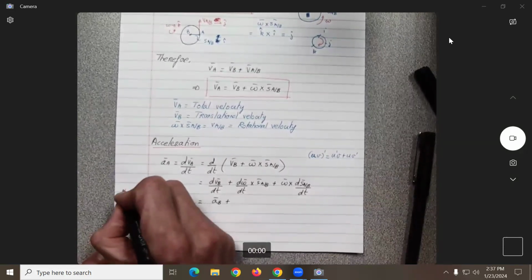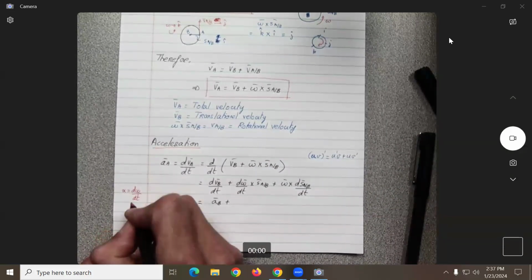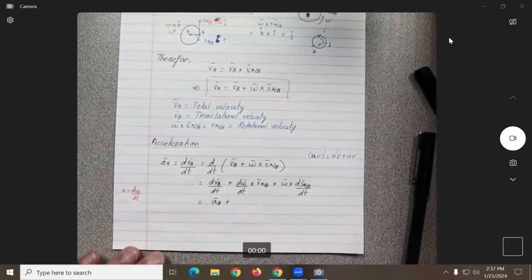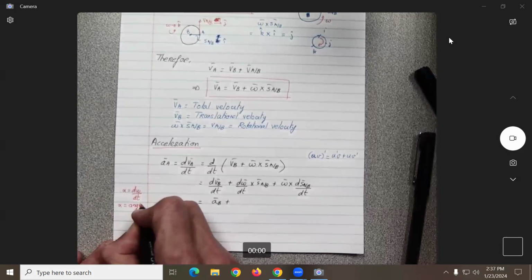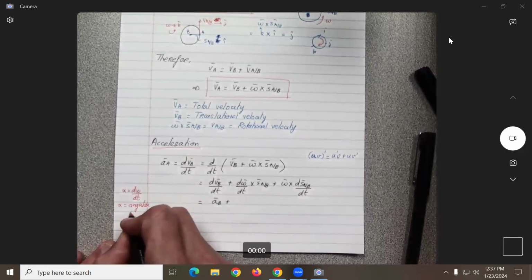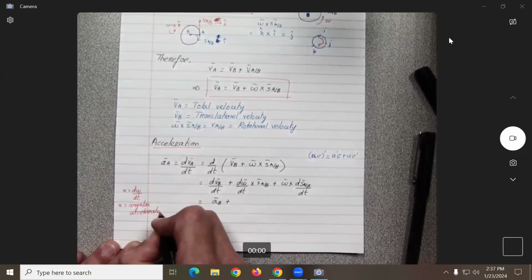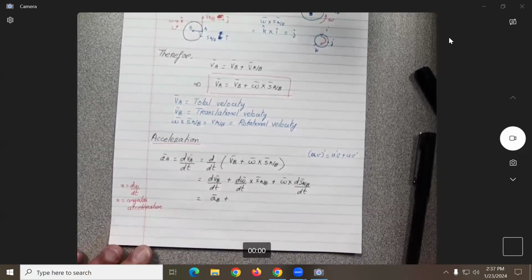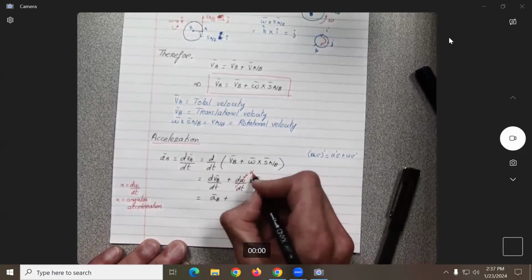Alpha. So you have alpha equal d omega/dt. And what is alpha? The angular acceleration, correct. I'm going to rewrite this on the next page, but teaching is repeating over and over. So this would be alpha.